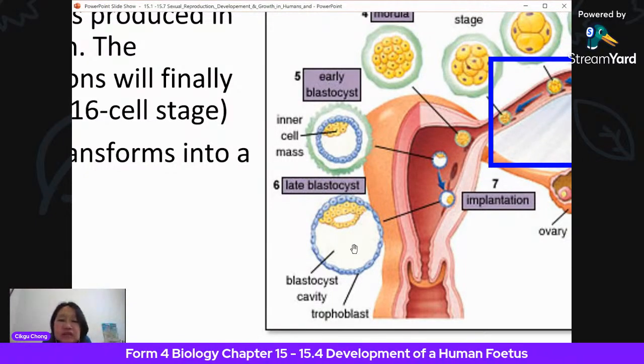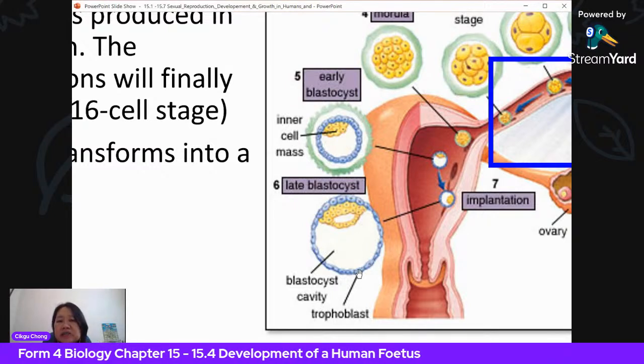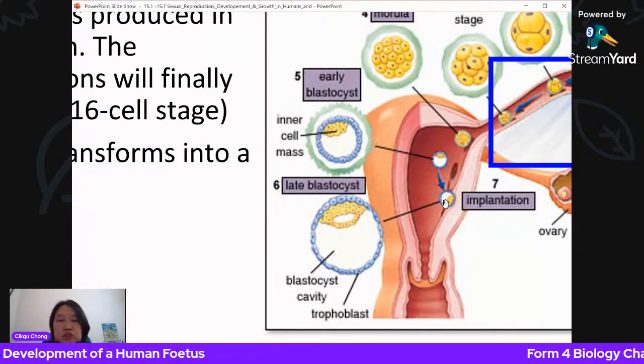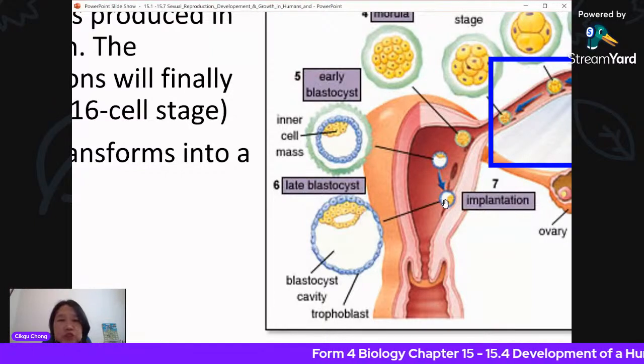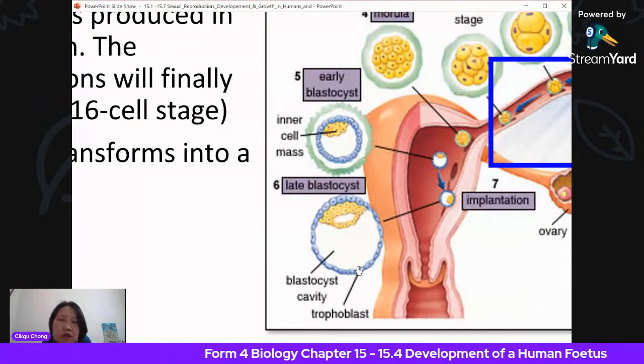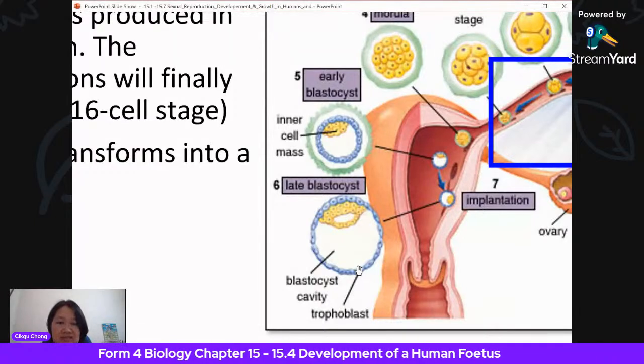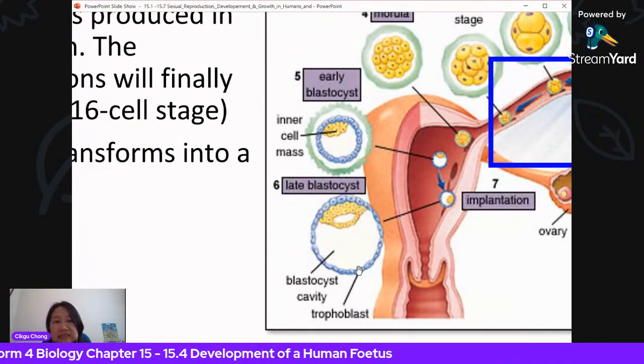The trophoblast here is the part that's going to be implanted into the endometrium lining of the uterus. This part will later progress to form the placenta. So the trophoblast will form the placenta.